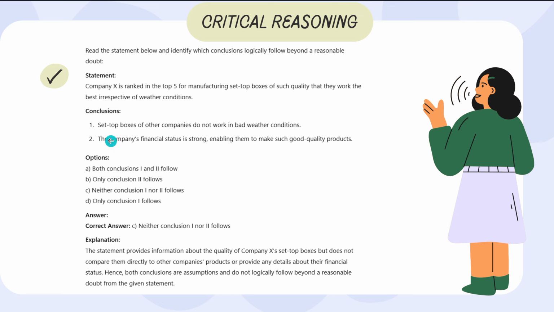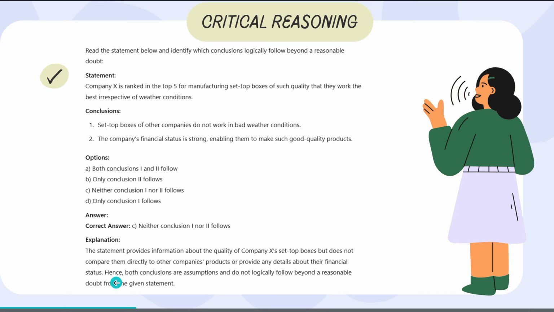Set top boxes of other companies do not work in bad weather conditions. The company's financial status is strong, enabling them to make such good quality products. Now, here neither conclusion 1 nor 2 follows, because the statement provides information about the quality of company X set top boxes but does not compare them directly to the other companies' products or provide any details about financial status.